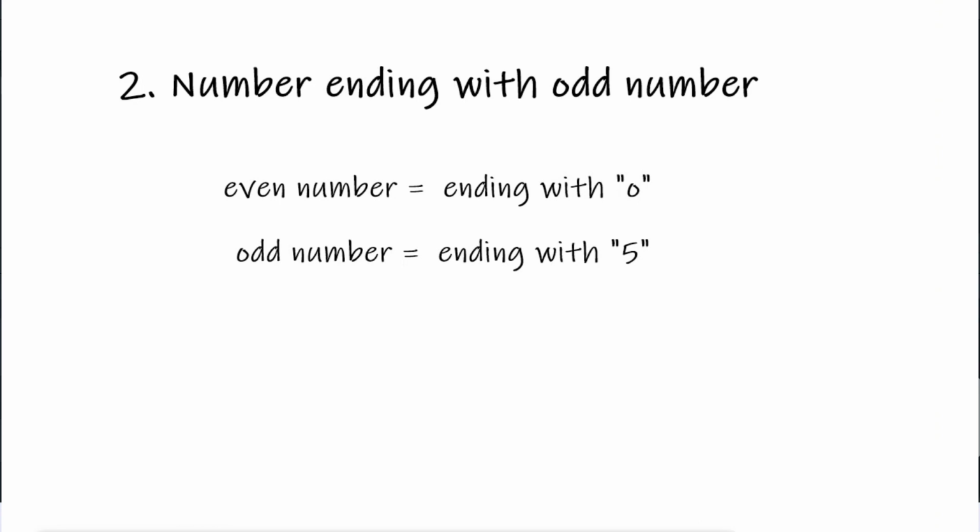If you are dealing with even numbers, you will get an answer ending with 0 only, and if you are dealing with odd numbers, you will get an answer ending with 5 only. This is the main difference between the two techniques.